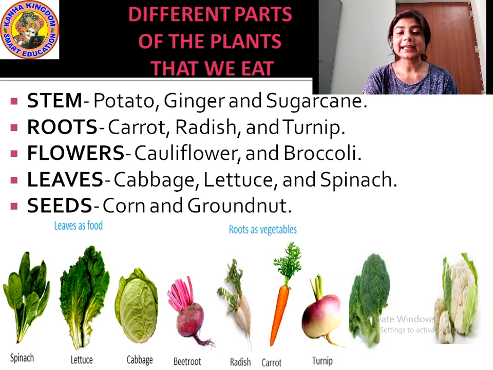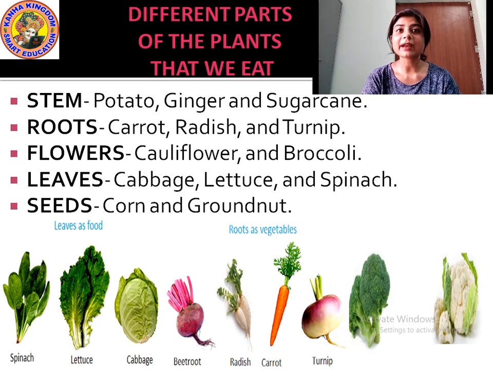Okay, then leaves like cabbage, lettuce, spinach. You eat cabbage, right? You can see in the picture, it is given there below. Then lettuce, then spinach. These are what? These are the leaf part of the plant that we eat. Okay. Then comes the seed, the corn, the groundnut. These are what? These are the seeds of a plant, the corn.